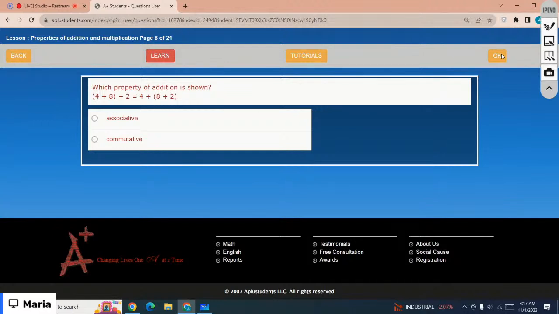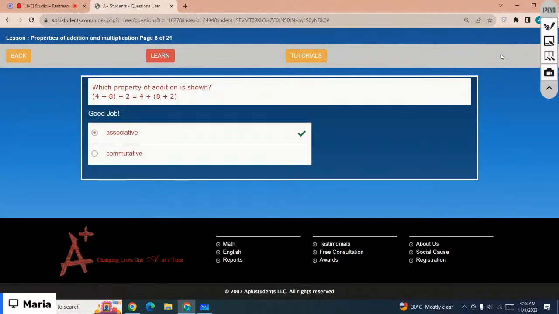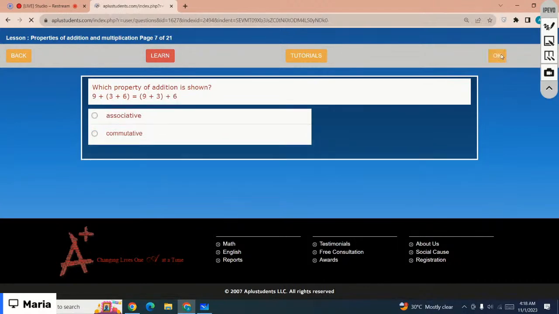The correct option is associative property, right? Which property of addition is shown? Associative, commutative? That is the associative property.